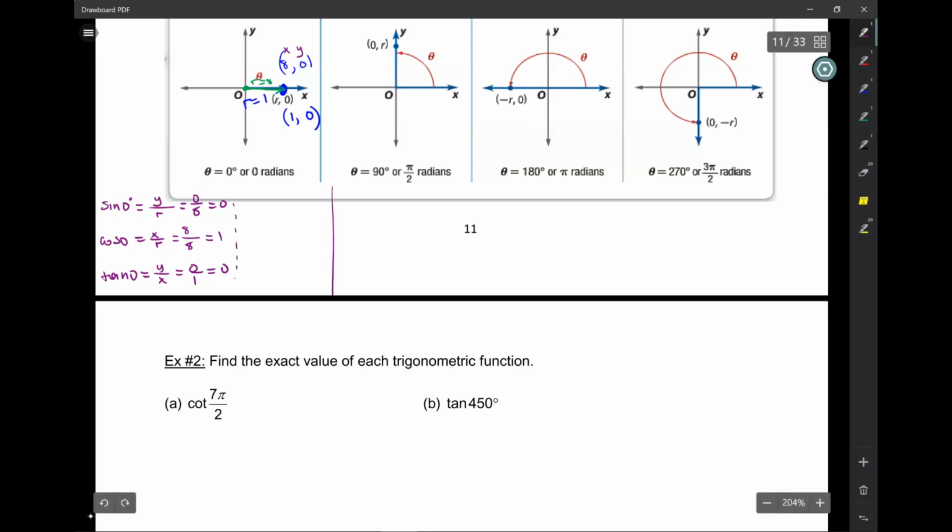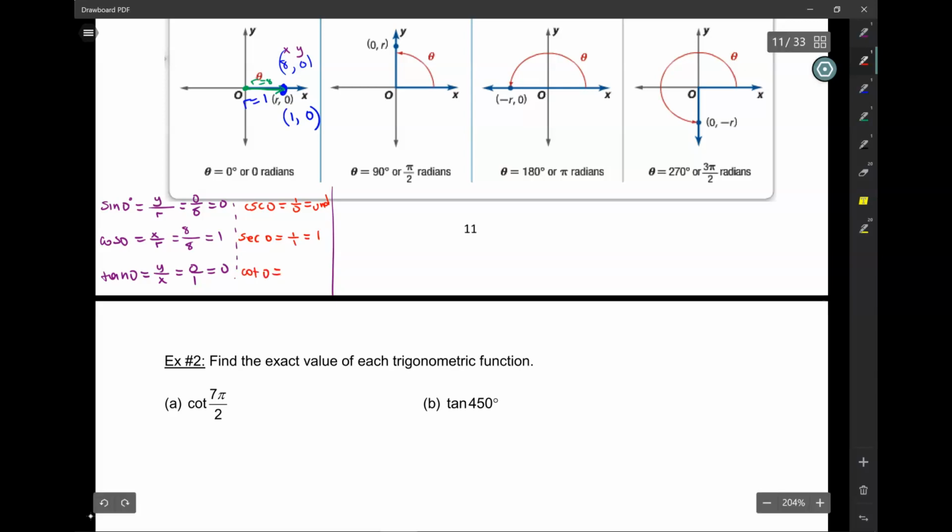Now, let's do the reciprocals. Cosecant of 0, it's the reciprocal, right? It's 1 over 0, which is undefined. Secant of 0, 1 over 1, which is just 1.